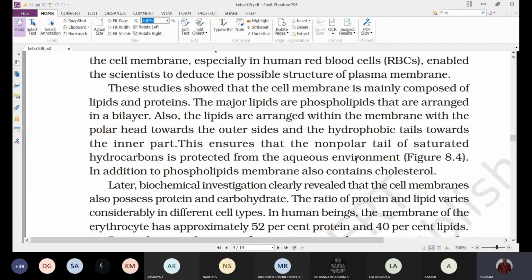So if hydrophobic tails were present towards the outer region, they may interact with the water and get damaged. To preserve the structure of the phospholipid, the hydrophobic tails are present towards the inner side and the hydrophilic heads towards the outer region.